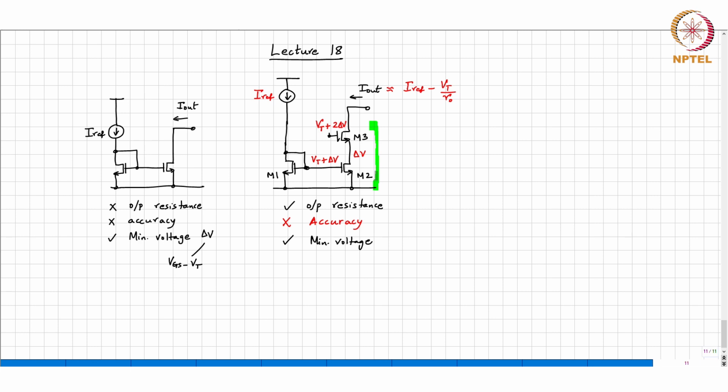The minimum drain source potential is what? If you have a transistor, that's all I'm asking. Like we've done here, what is the minimum voltage needed to keep the stack of both transistors in saturation? It is 2 delta, right? So you cannot do better than 2 delta. Is this clear?